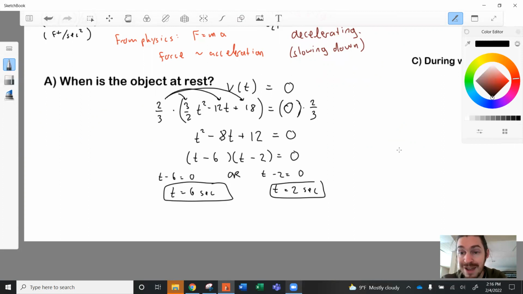But how do I know that I found all of them? When I ask you when is the object at rest, if you're going to do a full, complete solution, you need to find all of the values and make sure that you found them all. So truly solving this equation analytically ensures that you found all of the points and the exact time values where the object is at rest.